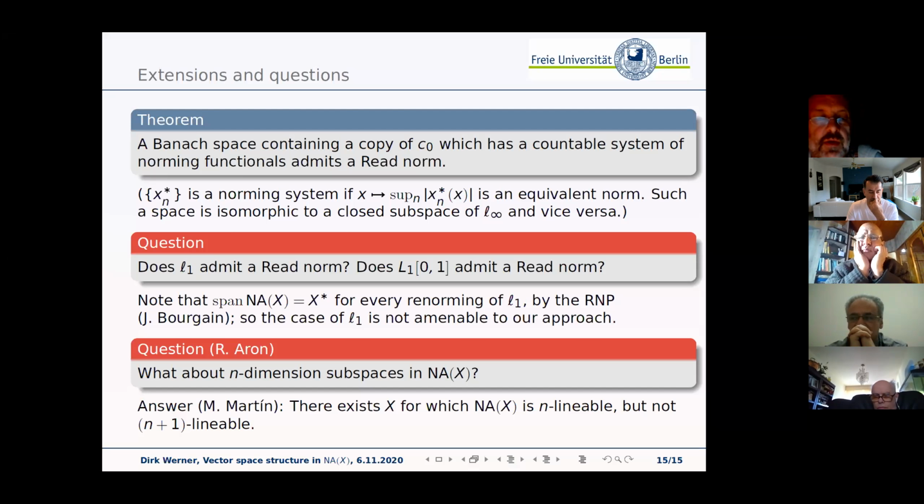Not really, but just to make sure that I understand the question correctly, you are looking at a space like C0, where the norm-attaining functionals are an actual vector space, but you want this to start from a dual space. Yes, if for C0 it works, as you said, for little L1 it doesn't. But if you have an isometric dual space which has, say, the C0 property, if you call it this way, is it forcing reflexivity?